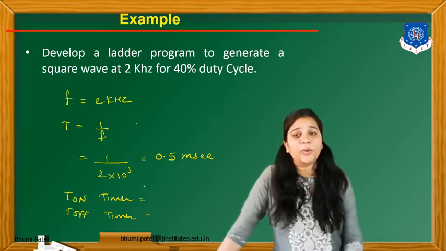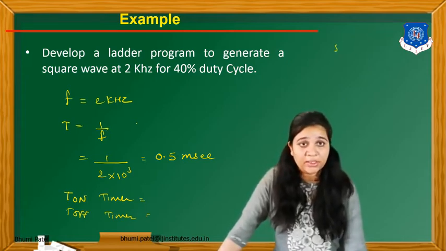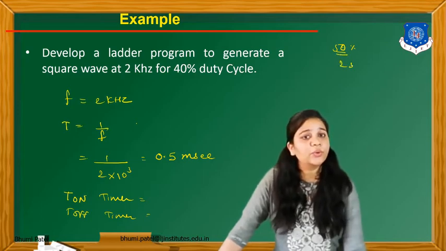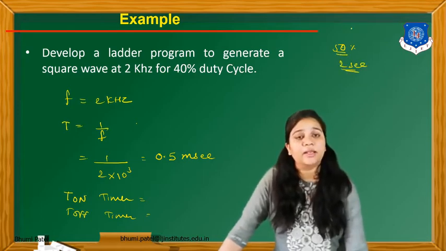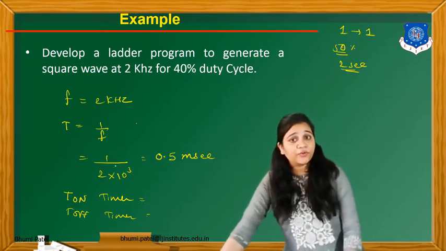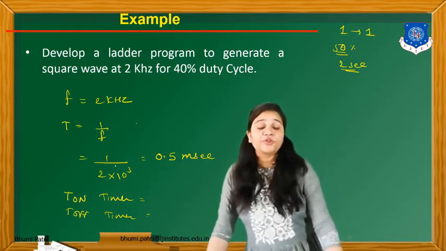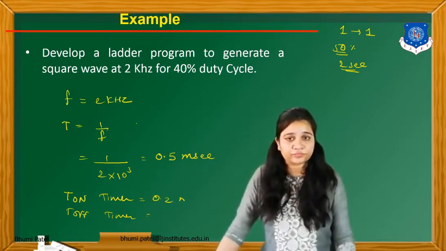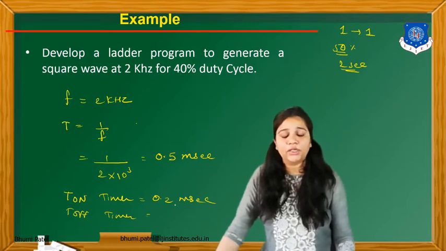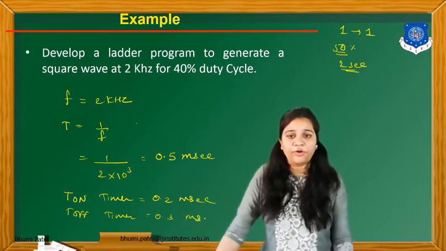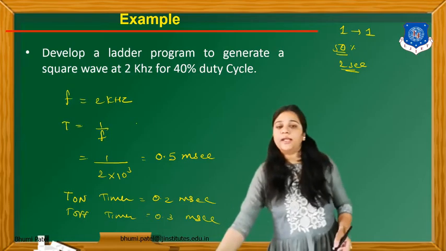In the previous example they gave a 50% duty cycle and we got 2 seconds, so we took 1 second on and 1 second off. Here they have given a 40% duty cycle, so you have to take 0.2 millisecond for the T on delay timer and 0.3 millisecond for the T off delay timer.